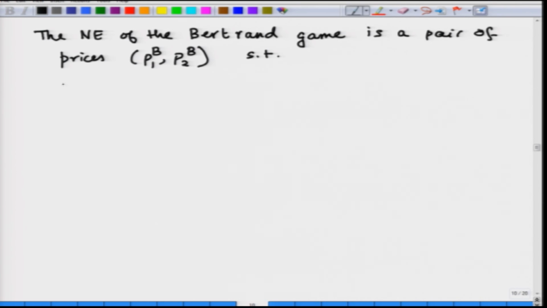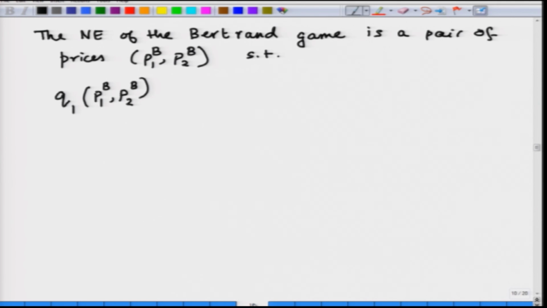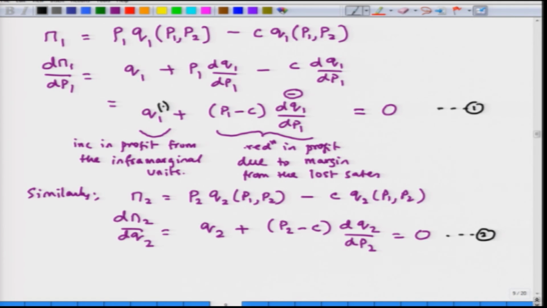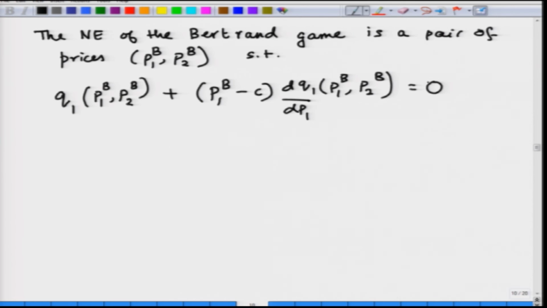If I rewrite the two first order conditions, I will have Q1 of P1B, P2B. Notice that when I had written down this first order condition, I had actually suppressed the prices. So, now we will write those explicitly, because the Nash equilibrium prices are P1B and P2B, plus (P1B minus C) dQ1 dP1, which is equal to 0.